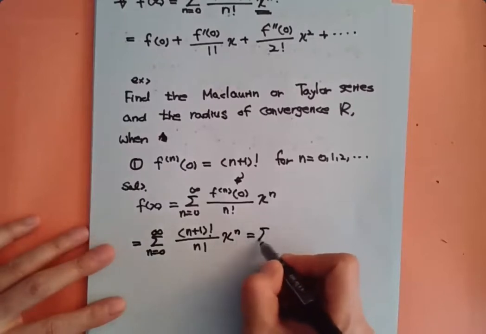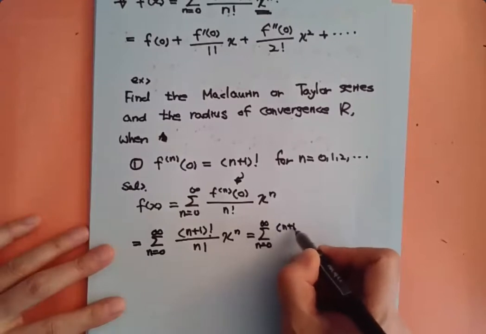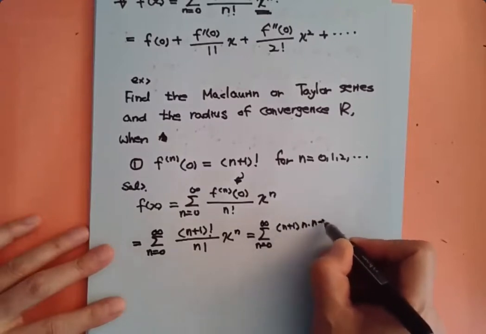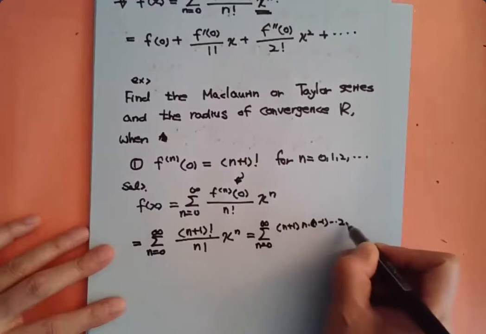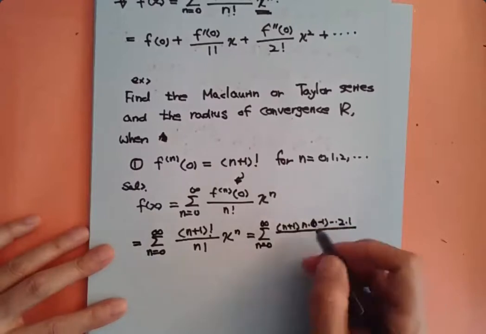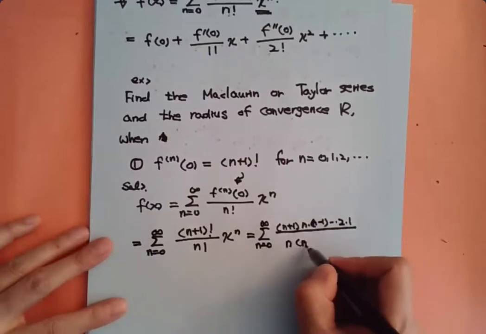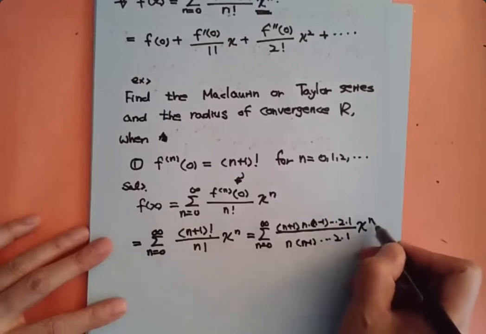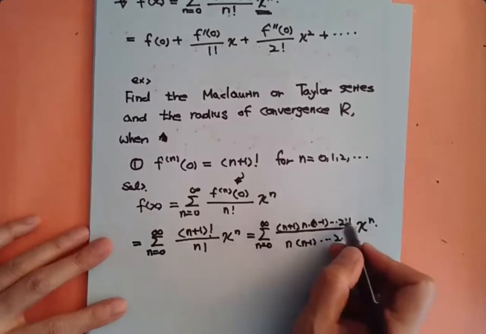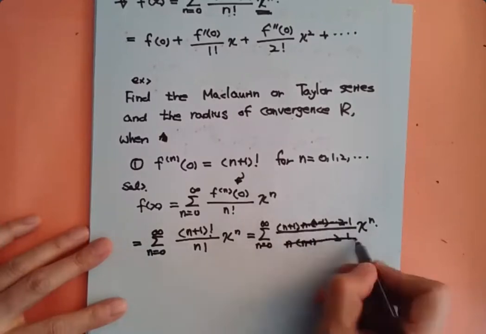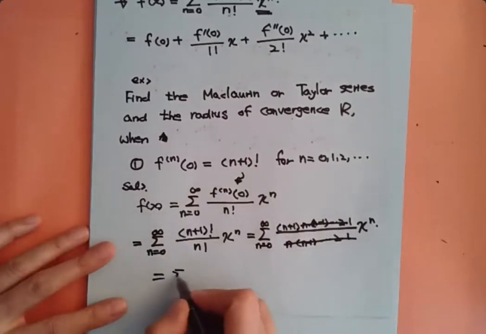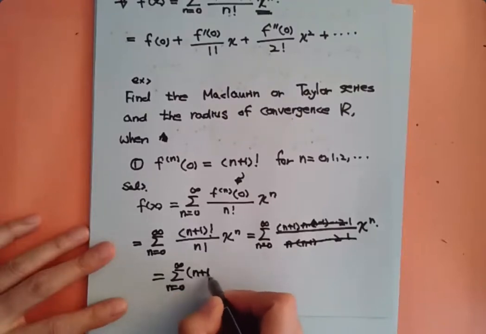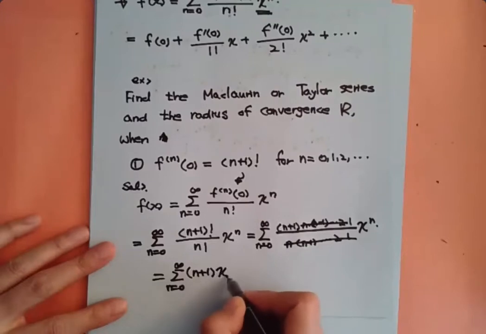So this one will be the sum from n equals 0 to infinity of (n plus 1) times n times (n minus 1) down to 2 times 1, over n times (n minus 1) down to 2 times 1, times x to the n power. And so all those will cancel each other, and we have the summation n equals 0 to infinity of (n plus 1) times x to the n power.